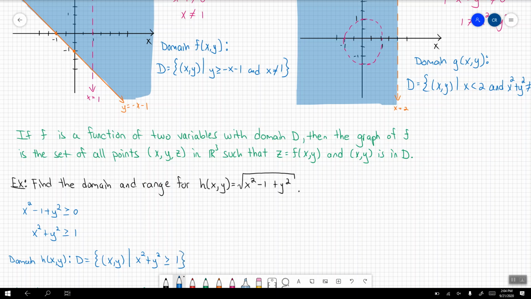So that's a restriction that we get for this domain. Any circle that has a smaller radius than 1 will not suffice for this particular example.